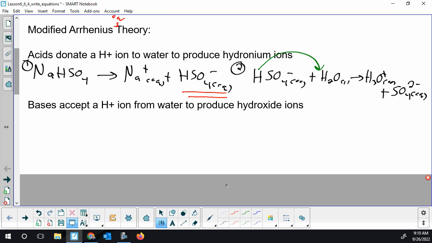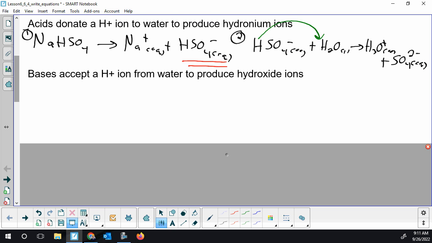The same thing can happen with bases. And I wouldn't have done examples like this yet. Phosphate is a base, PO4 3-, but you can't buy a bottle of phosphate. Okay?